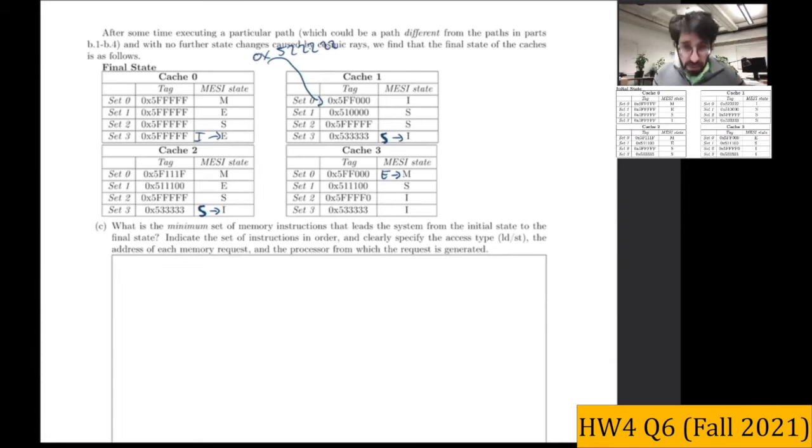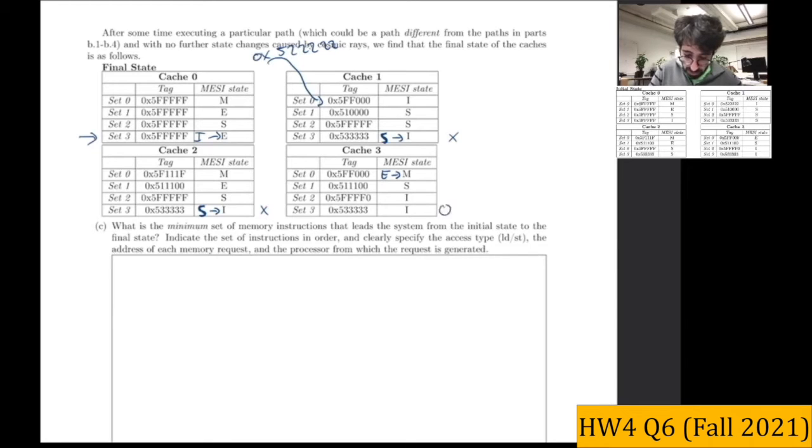Okay, so let's see what we can do. We can see that in cache 1 and cache 2, it's actually the same cache line that is in shared state, and we need to invalidate it. For invalidating that, we can use processor 0, because we already have to modify set 3 anyway.